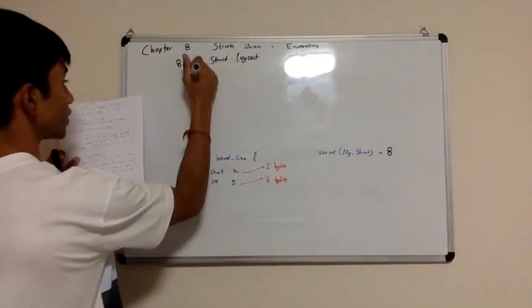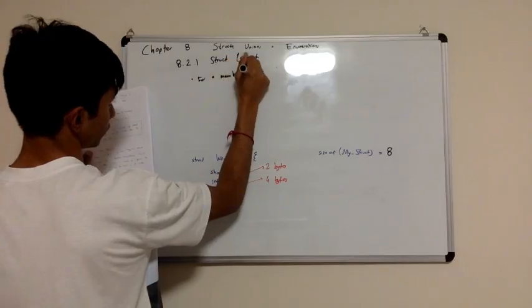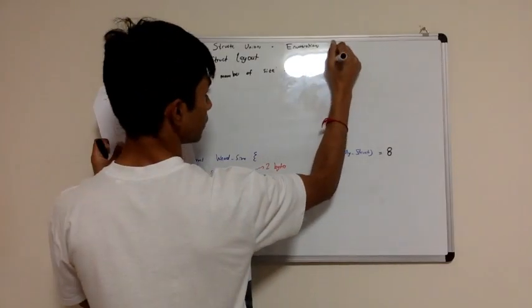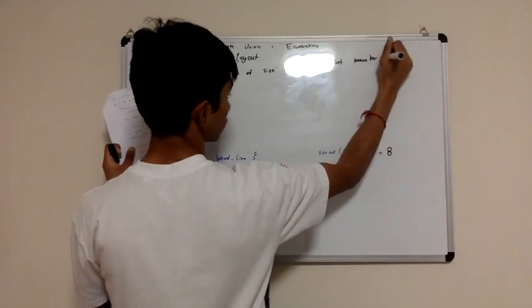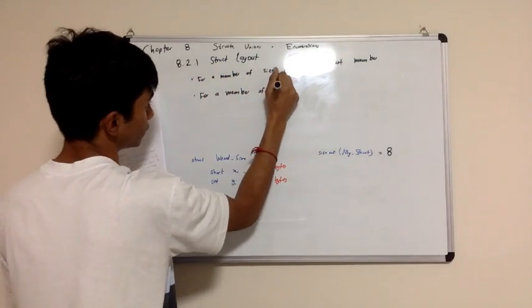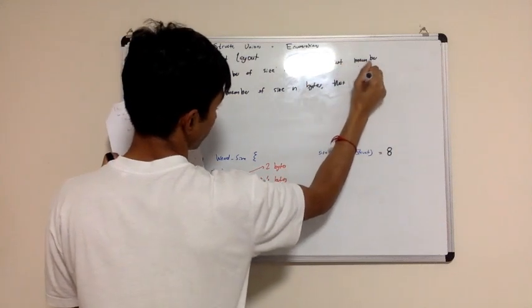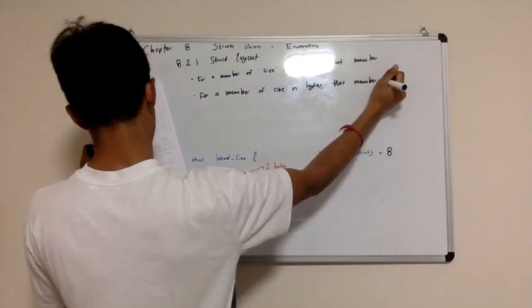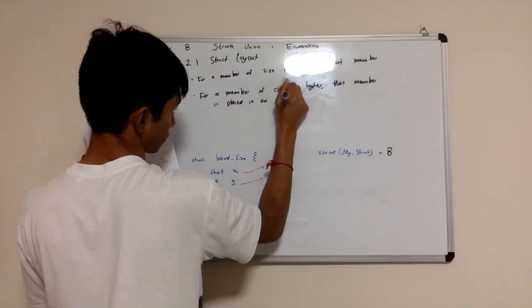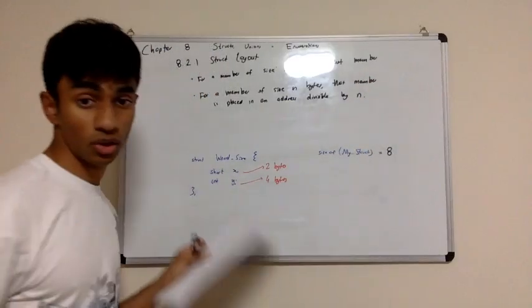The rule is: for a member of size n bytes, some arbitrary integer n, that member is placed in an address divisible by n.